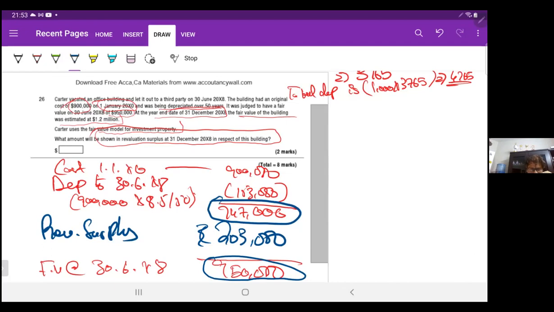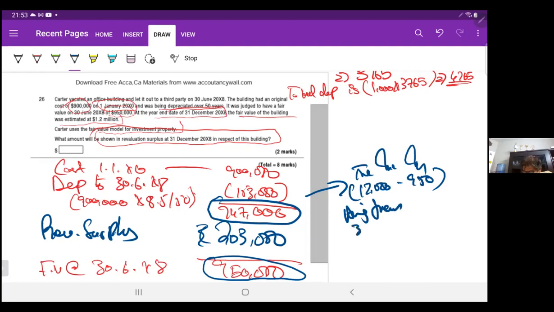So the increase of 1,200,000 minus 950,000, 250,000, arising between 30th June 20X8 and 31st December 20X8, will be credited to profit and loss in accordance with IAS 40, right?